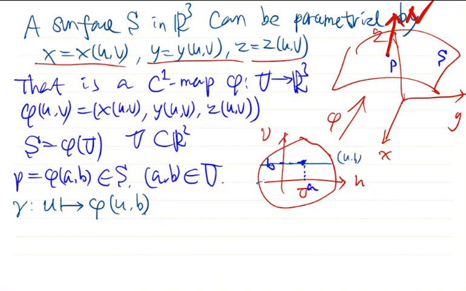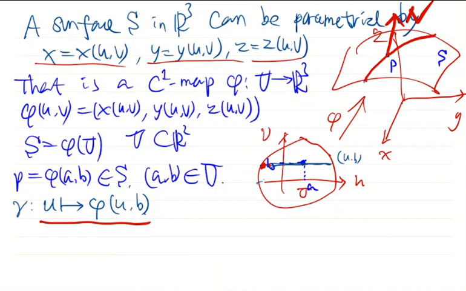So this line is mapped into the surface by a curve. When the point moves from the left to the right, parallel to the u axis in the parametrization domain U, then our corresponding point gamma(u), which is phi(u,b), moves on the surface from here, passing P, and then here.